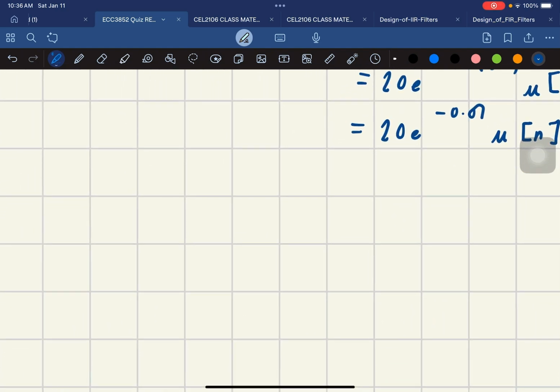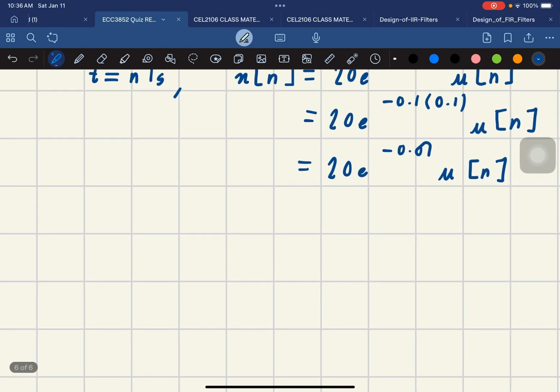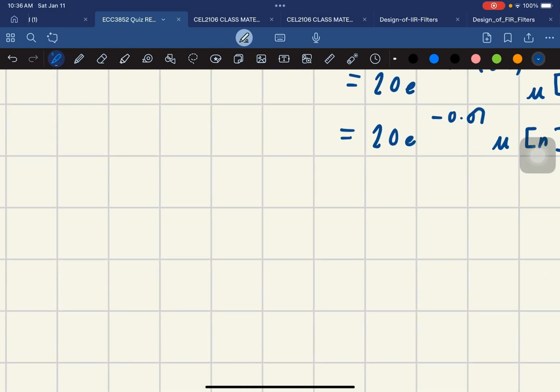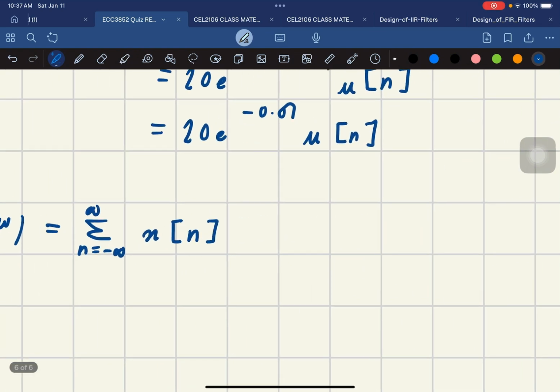As we know, the DTFT of s[n] is given by S(e^jω) equal to the sum from negative infinity to infinity of s[n] e^(negative jωn).